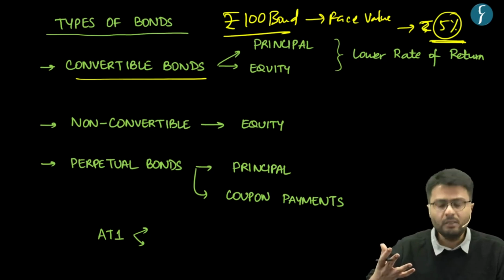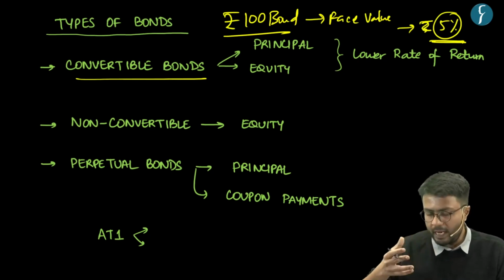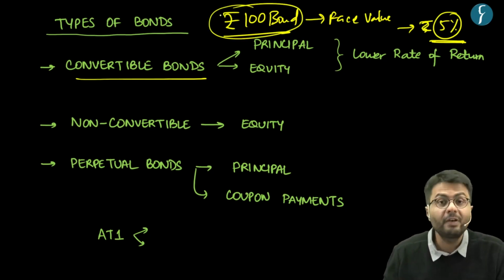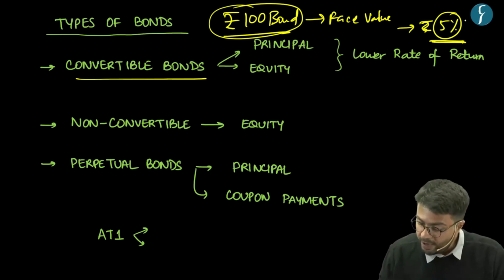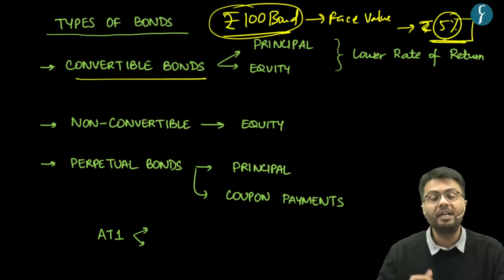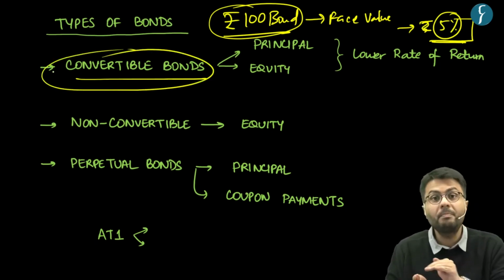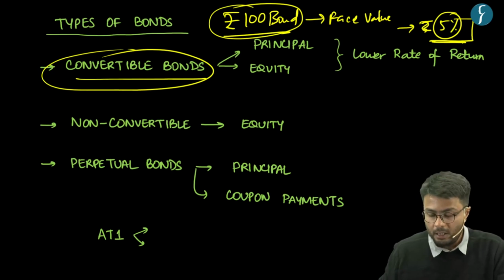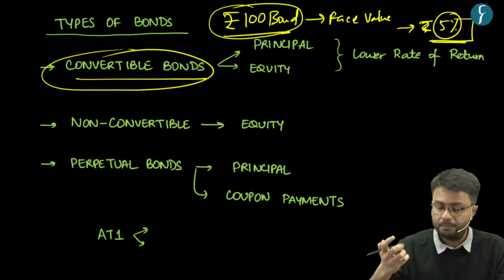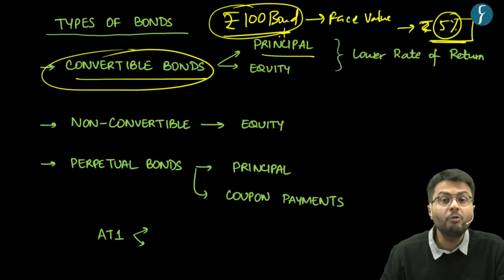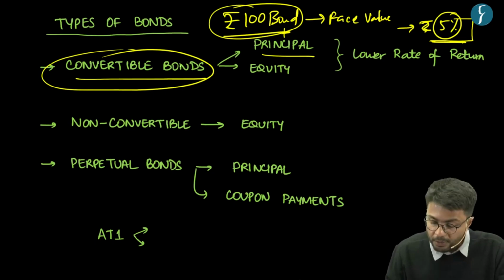Every bond has this 100 rupees face value as the principal amount, whereas this 5% is the annual rate of return. However, in the case of convertible bonds, when the maturity period ends, the bondholders have an option whether to get the principal amount back or to convert this bond into a form of equity.